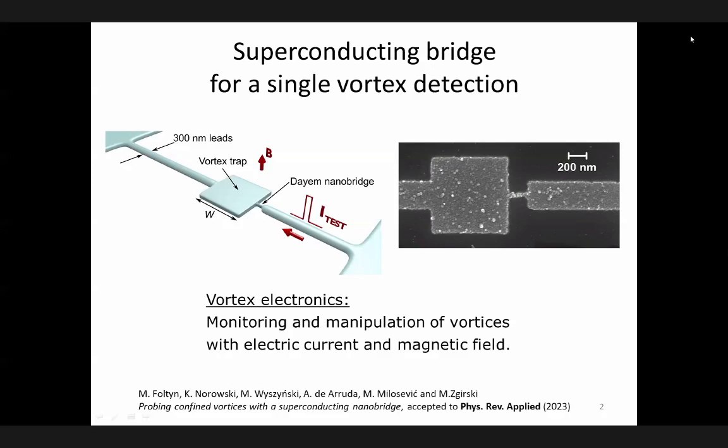It deals with monitoring and manipulation of vortices, with both electric current and magnetic field, to present new functionalities, like memory cells, logical elements, or diodes.